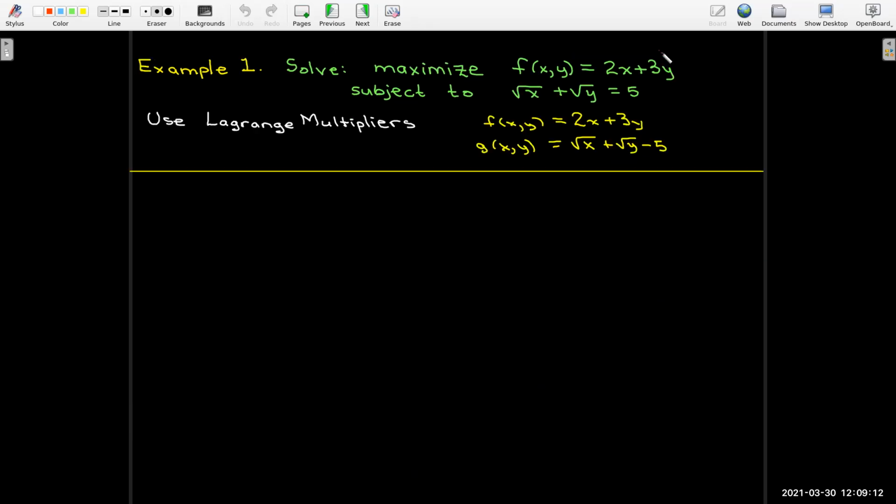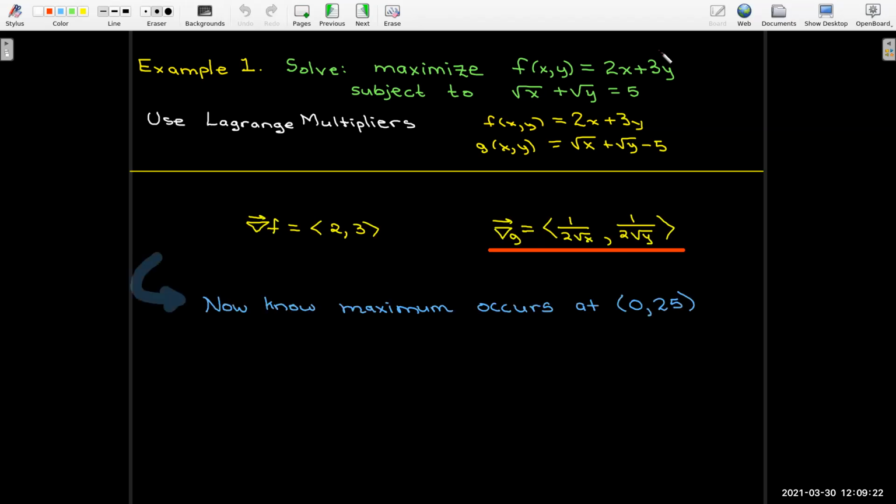Well, let's go back to our problem here. Remember what our gradient vectors were. And let's look at the gradient of g and what our maximum solution is. A solution occurs when x equals 0 and y equals 25. And now it should be a little bit more clear.